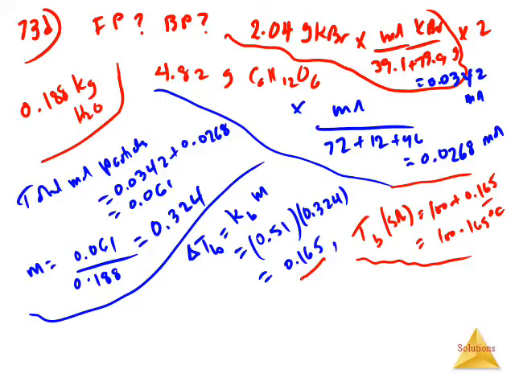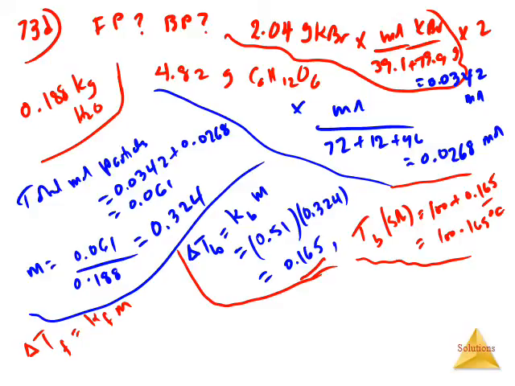Let's now calculate freezing point from depression of freezing point. So here we are going to use delta TF, depression of freezing point, which will be given by KF m. Again, KF is a constant, for water it is 1.86.